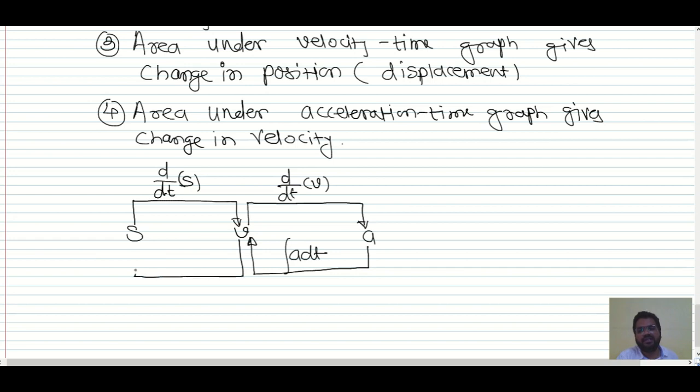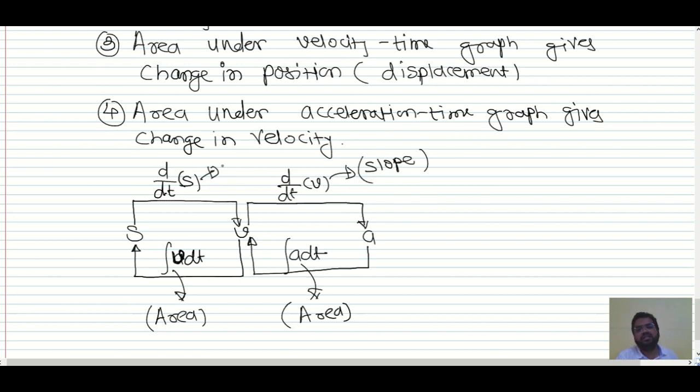And if you integrate the velocity with time, then we'll get the displacement. Integration indicates area under VT graph. Integration indicates area under AT graph. Differentiation indicates slope of VT graph. Differentiation indicates slope of ST graph. So I hope this is clear.